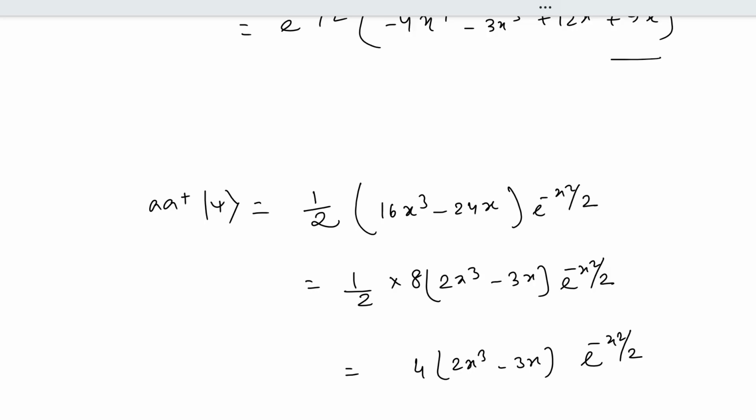Now you know that this Hamiltonian operator is given as a dagger a minus half. That means a dagger a is equal to Hamiltonian plus half. So then a dagger a acting on psi is basically Hamiltonian acting on psi plus this extra half.